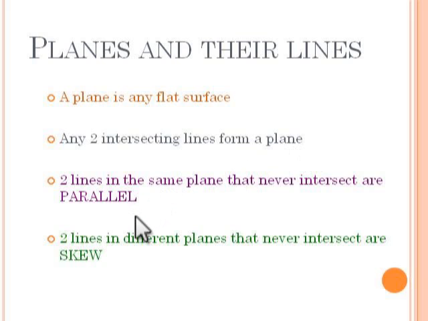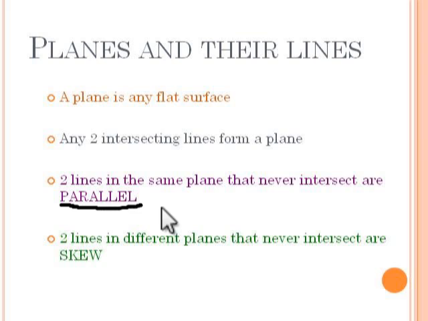2 lines that are in the same plane that never intersect are called parallel. I know that you've seen that word before, parallel. And here's something that you have to be careful with. Sometimes we get caught up in the idea that parallel lines have to be on a plane that we can see. So I want you to picture in your mind for a moment the classroom. We have 4 walls, we have a floor, we have a ceiling.